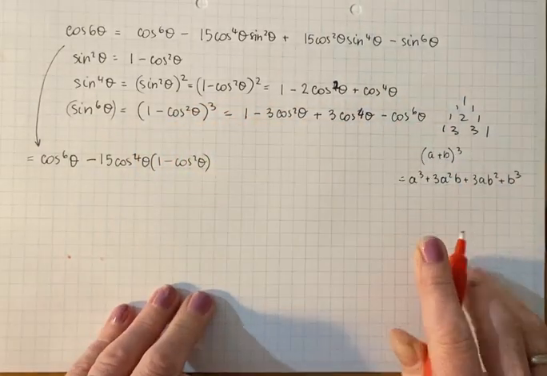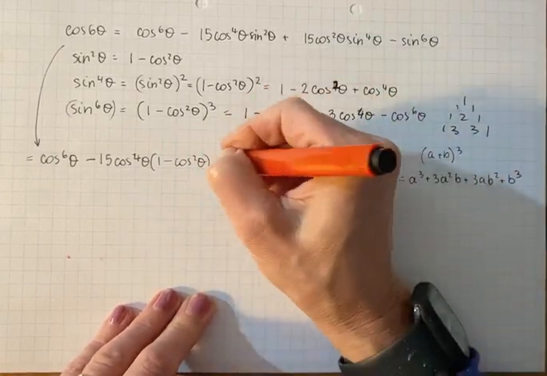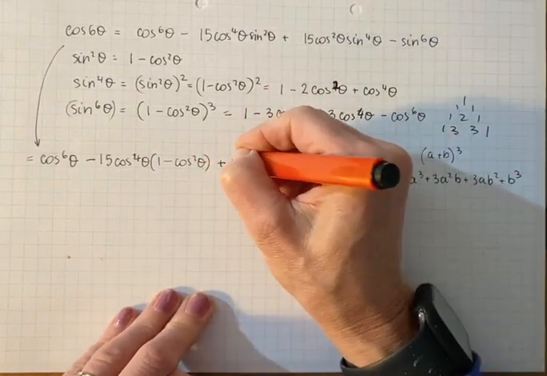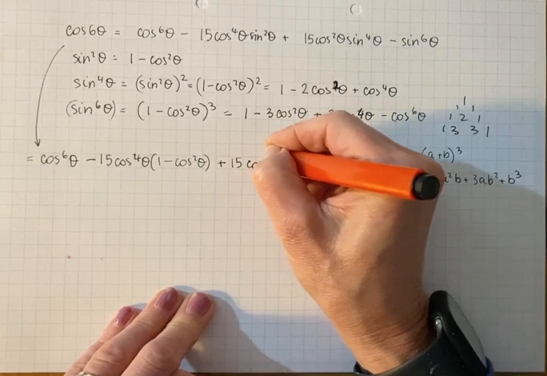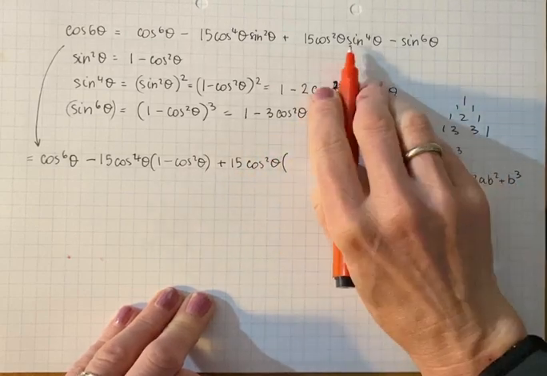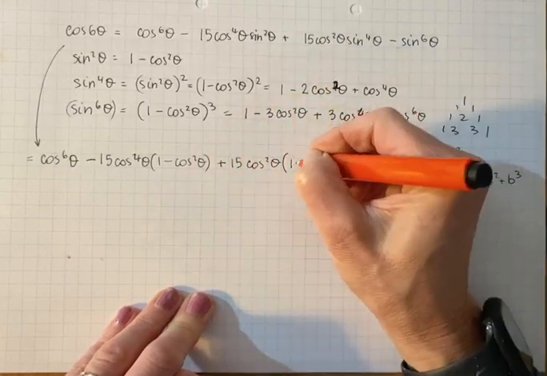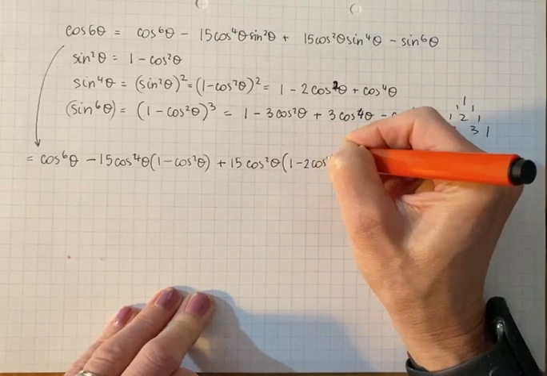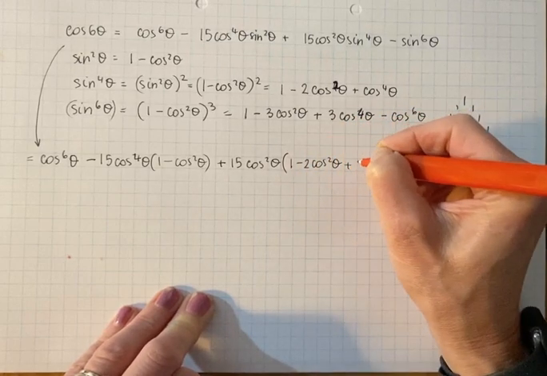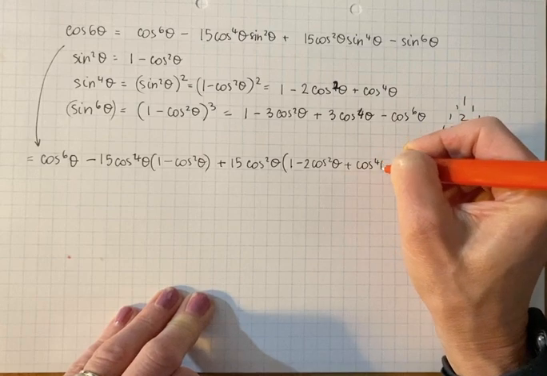I think I might just about squeeze the third term into that line: cos squared theta, 1 minus 2 cos squared theta, add cos to the power 4 theta.